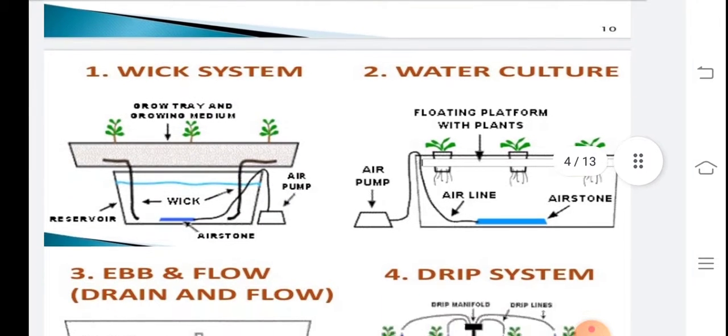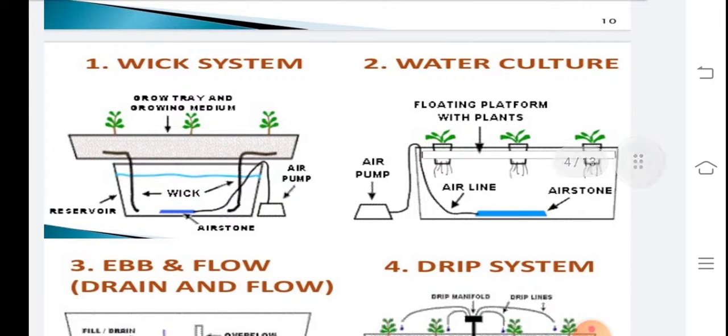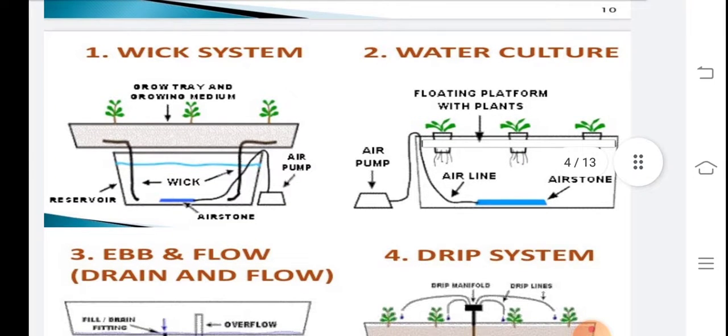In the wick system and water culture we have seen these systems. See the difference in this one. In the first one there is a wick part, but in this one an air line and air stones are applied. So there are many parts that control the supply.